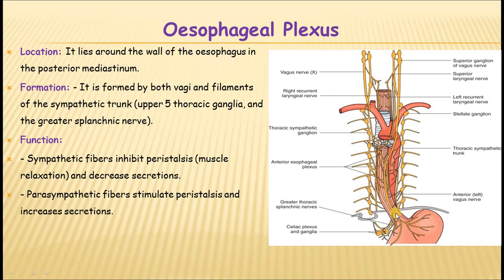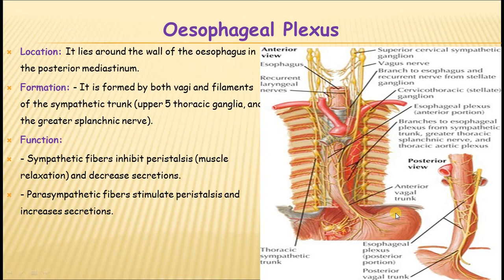So in uncontrolled cases, in chronic peptic ulcers, selective vagotomy is performed. So that is the posterior vagal trunk you are able to see here, which is larger than the anterior vagal trunk. The esophageal plexus is formed by the esophageal branches, and also by the vagus nerve.